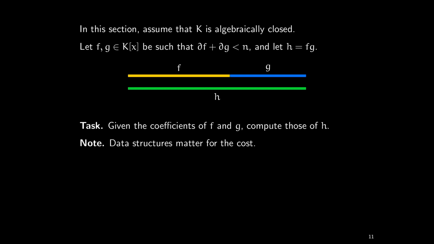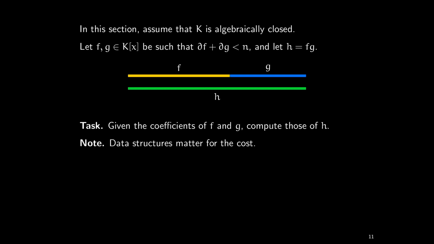So, for example, a polynomial, instead of representing it as a list of coefficients, I could as well represent it by its list of values at certain evaluation points. You know that a polynomial of degree less than n is uniquely determined if I know its values at n different points.